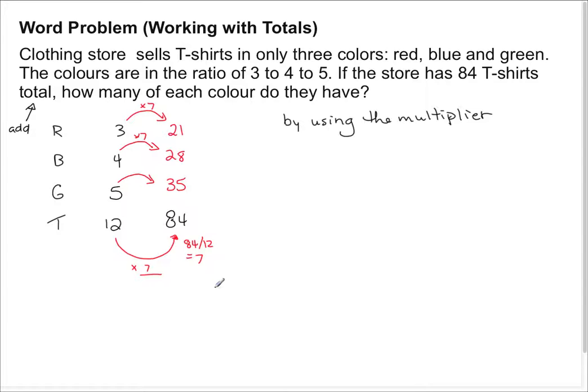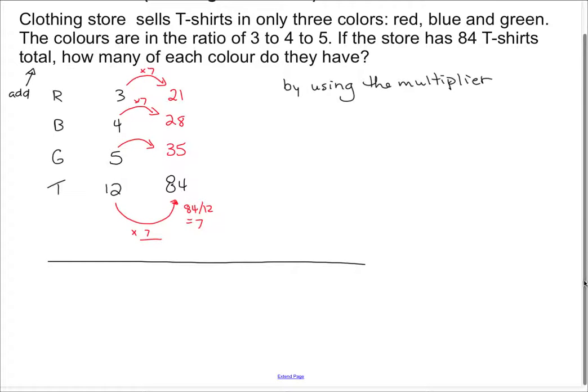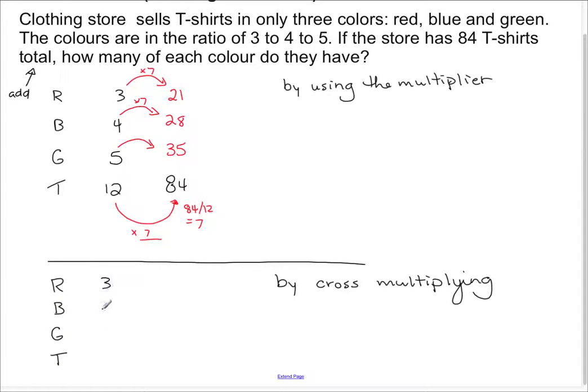Now, if you don't happen to like the multiplier rule, if you are really, really good at cross multiplying, we can do this with cross multiplying too. So by cross multiplying, we still have the red, the blue, the green, and the total, and we have a 3, a 4, a 5, and we add them all up and we get 12, and I know the 84 has to go there.